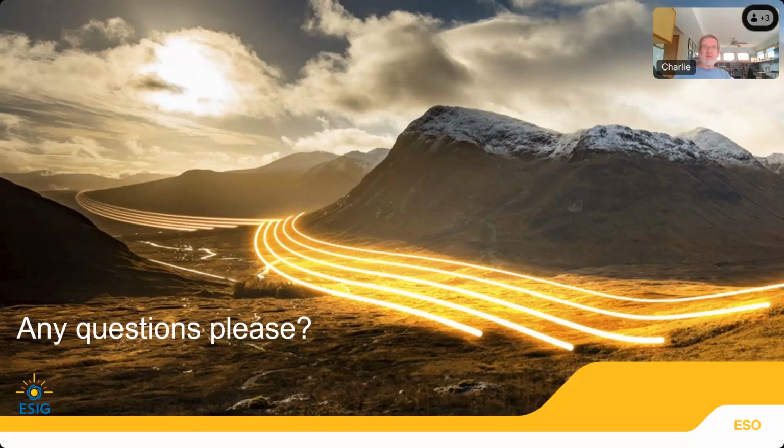The next one was how was inertia need met on the day when the outturn inertia exceeded the target inertia? So that's a good question. In the slide where I showed the example from last weekend, you saw a particular period of the graph where the outturn inertia was significantly higher than the target inertia. Typically, that's because of several things.